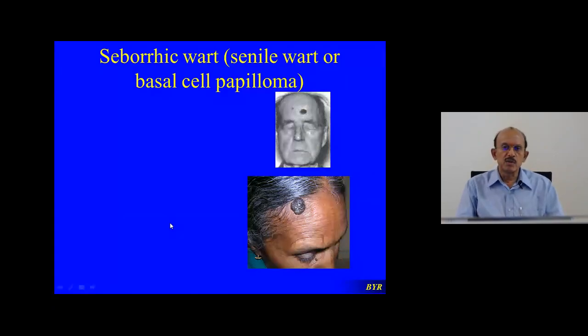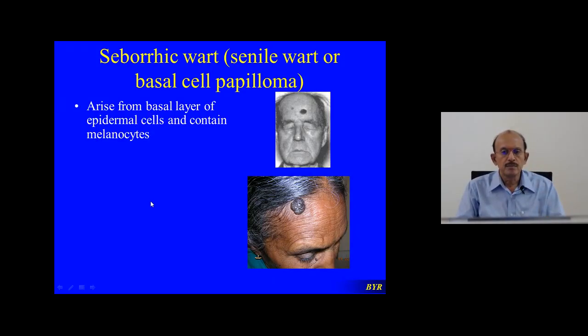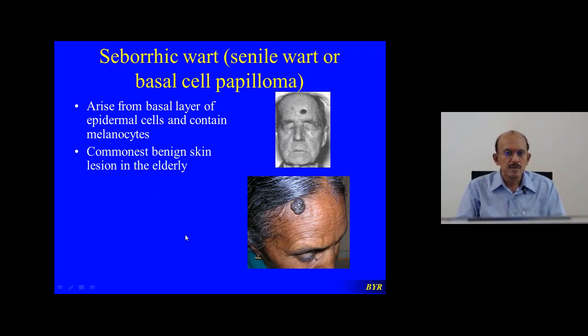That's about this squamous papilloma. Next is the basal cell papilloma, also called the seborrheic wart. It arises from the basal layer of the epidermal cells and contains melanocytes. This is the commonest benign skin lesion in the elderly.